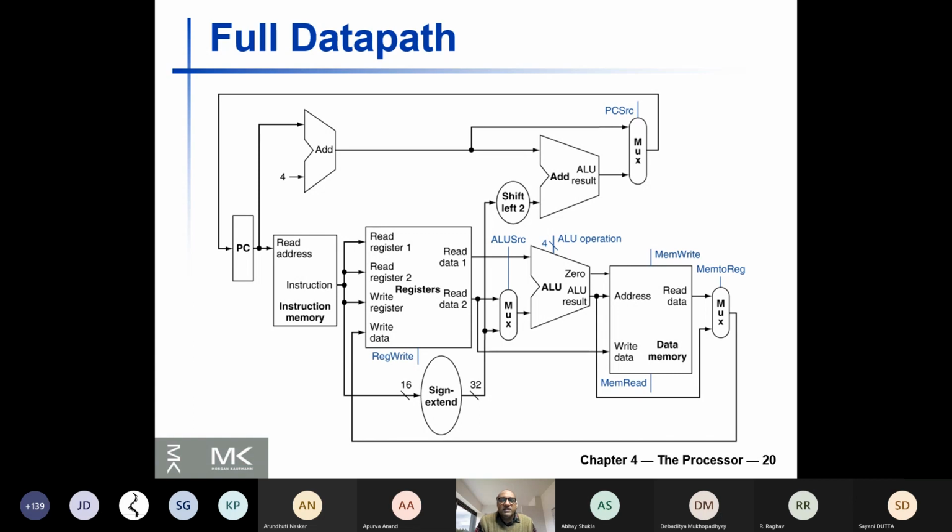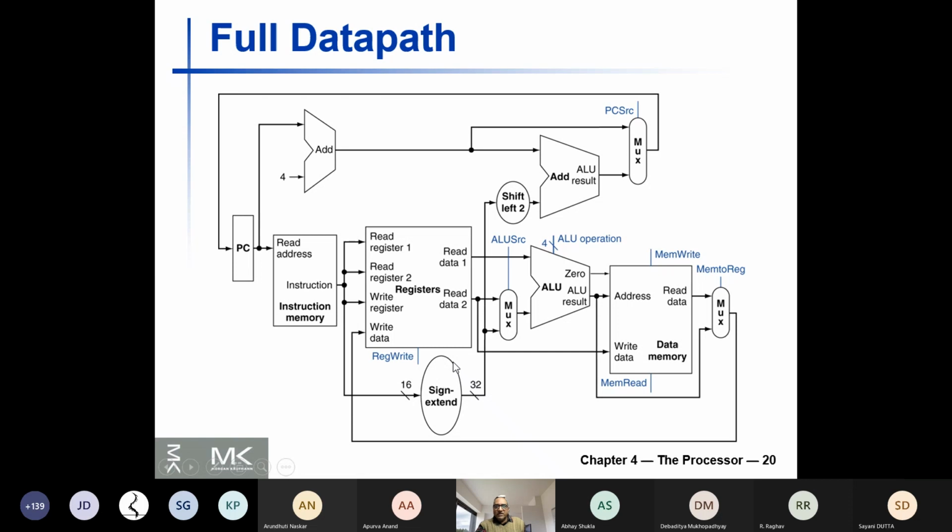One way is, instead of designing a complex controller in a monolithic way, we can reduce the complexity by designing the controller at multiple levels. Based on the control lines, the ALU functionality will be carried out.